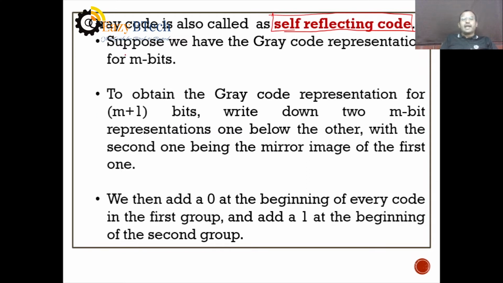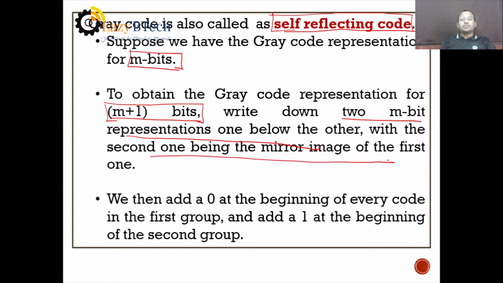Because if we have an m-bit gray code, then to obtain the m plus 1 bit gray code from it, first we have to write two m-bit representations, one below the other, with the second one being the mirror image of the first m-bit gray code.